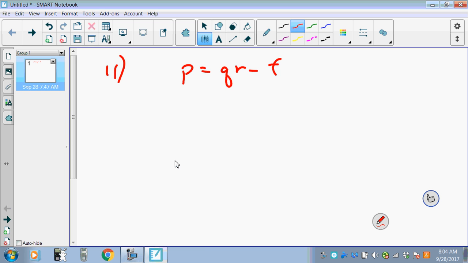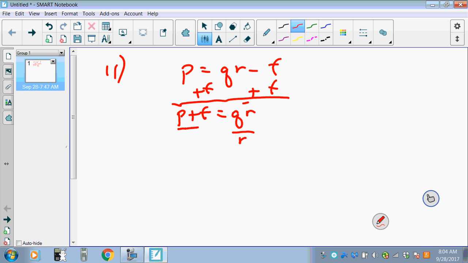Rewrite the equation with q solved. So same kind of problem. They want you to solve for q. Let's add f over here. This is p plus f is equal to qr, and again we're solving for q. So we're going to divide by r. So quantity is going to be (p plus f) over r.